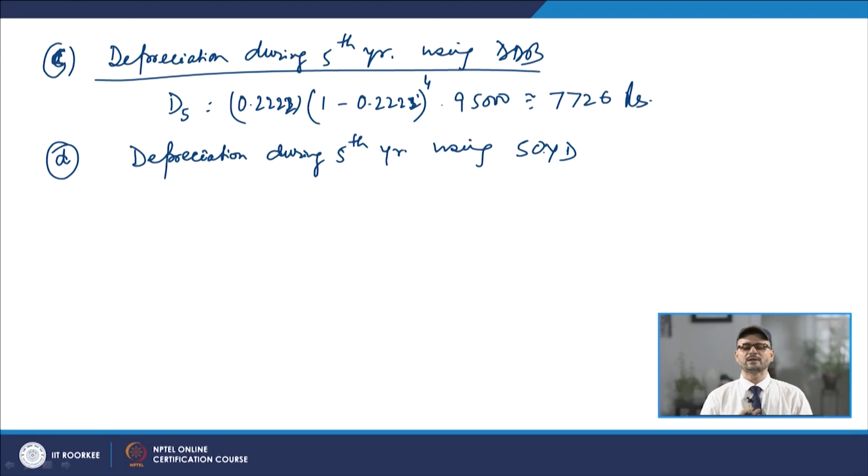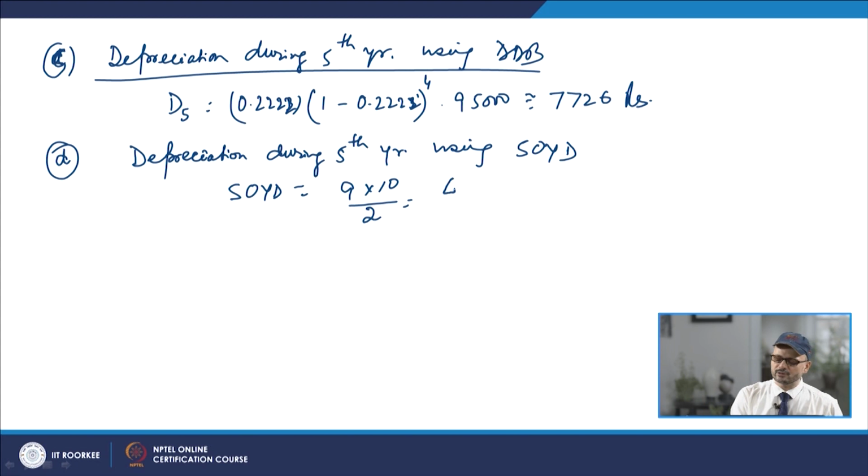In the SOYD method, first of all you have to calculate the SOYD, the sum of years digit, which will be 9 times 10 divided by 2, that is 45, where 9 years is the life of the asset. Now, during the 5th year, if you look at it, in the first year it will be 9.